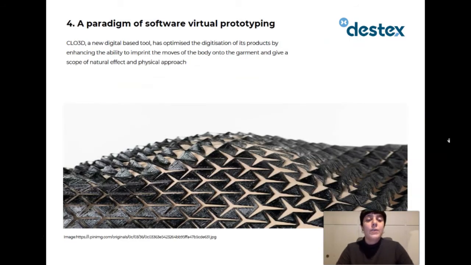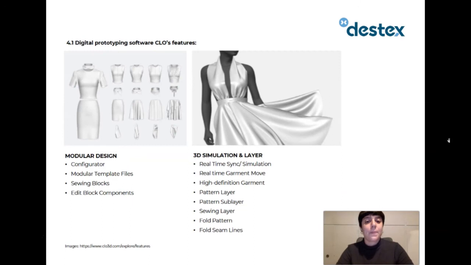Following is a creative example of virtual prototyping software from a newly established software technology named CLO 3D. It enhances the ability to imprint the moves of the body onto the garment and give a natural effect and physical approach.